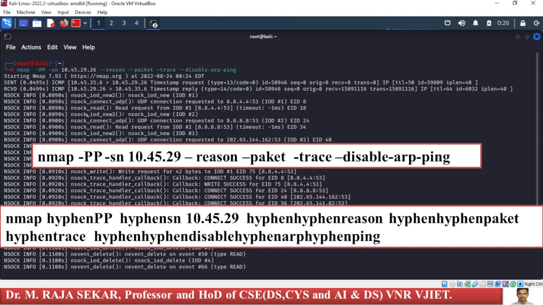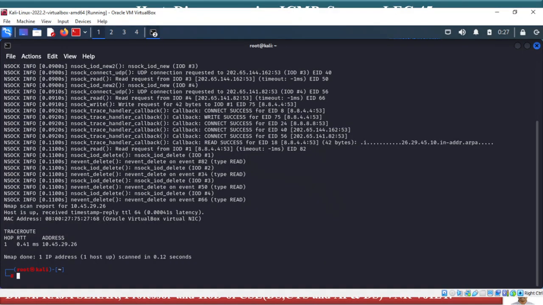Let's just enter. After keeping this particular option, just enter. If you enter, what will you get? Now here the report for the scanning is generated, and the first packet sent from our attacker system is ICMP timestamp type 13.